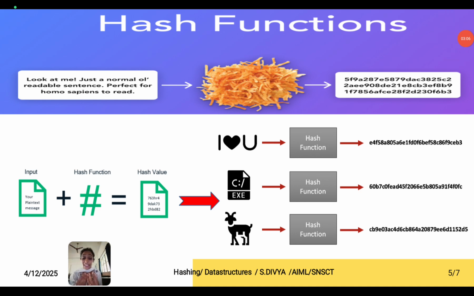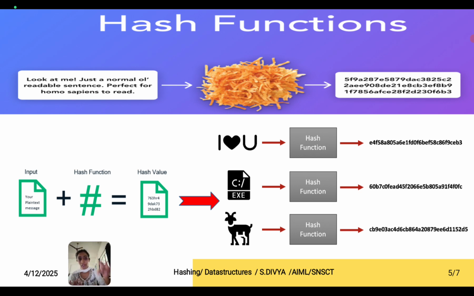Now I'll explain in a very simple way how this hash function works. For example, let's say you have a key, the number 45, and you have a table, an array. Now we are going to see how this hash function is used to store the data in that table.